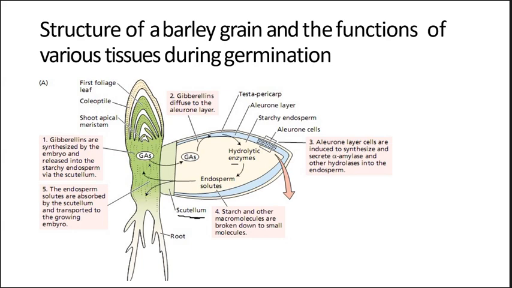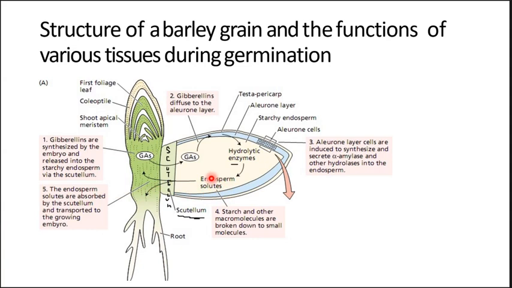Which part is the embryo? This green region is the embryo. This region is the scutellum, which is an absorptive tissue. It mobilizes the nutrient from the endosperm to the embryo.